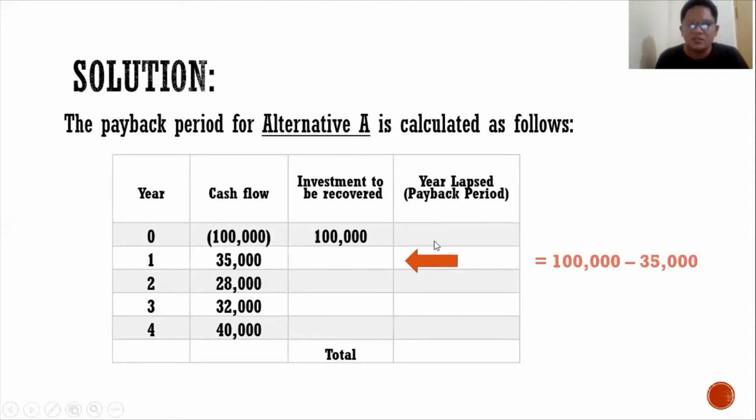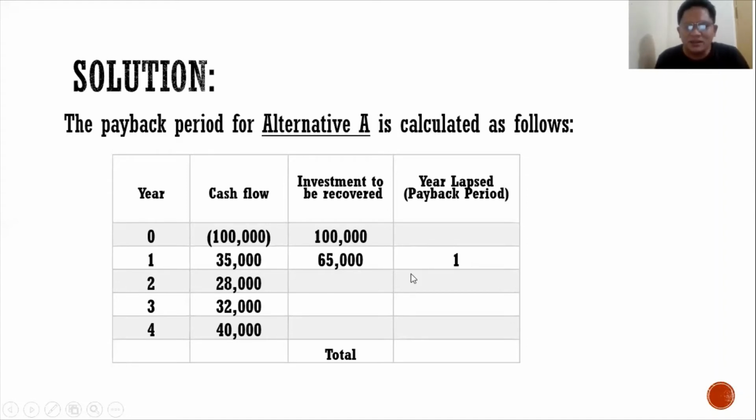So our investment to be recovered in year 1 is 65,000. Then 1 year lapses, so you put 1 under the payback period column, because it takes us 1 year to recover this 35,000 portion.